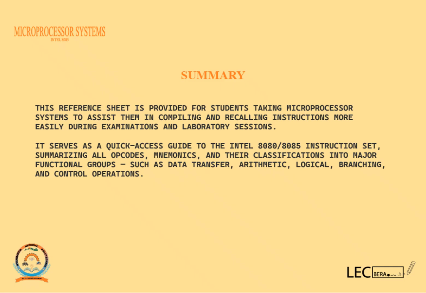It serves as a quick access guide to the Intel 8080 or 8085 instruction set, summarizing all opcodes, mnemonics, and their classifications into major functional groups such as data transfer, arithmetic, logical, branching, and control operations.